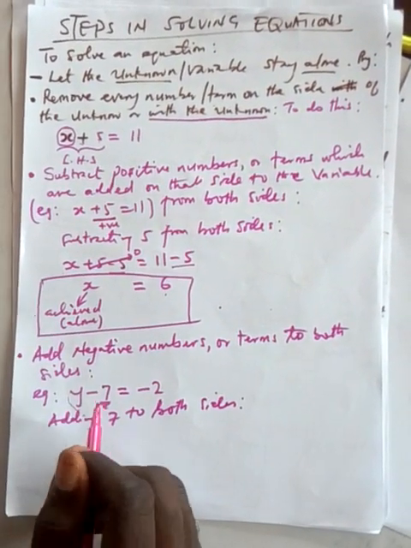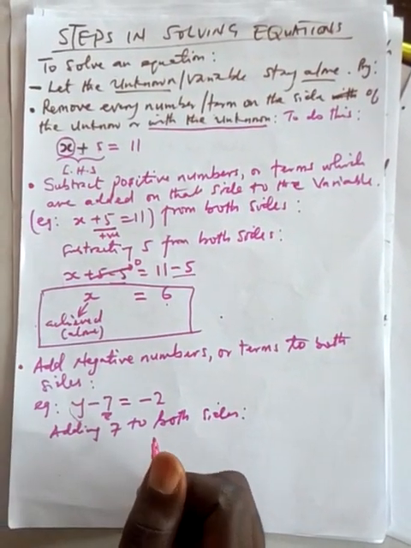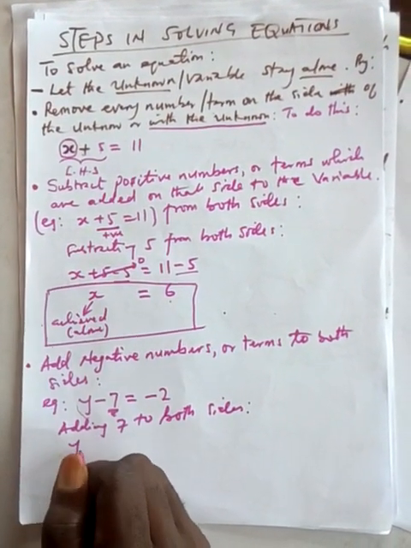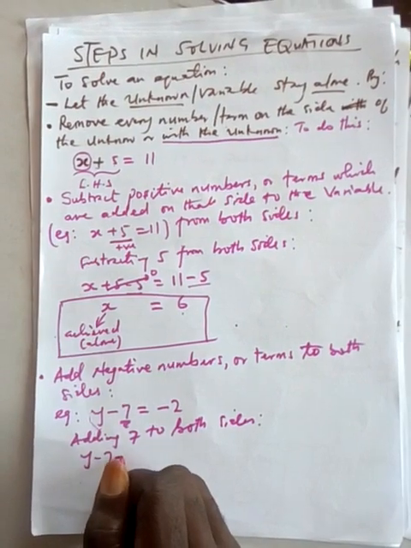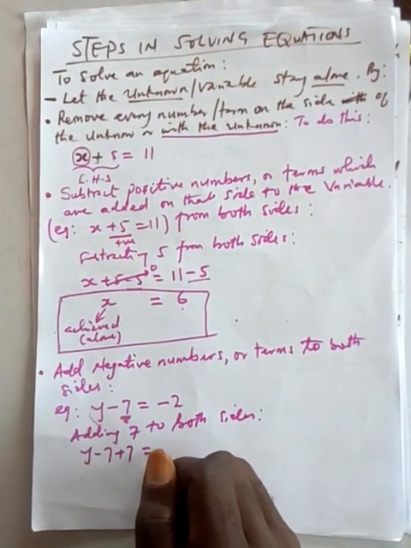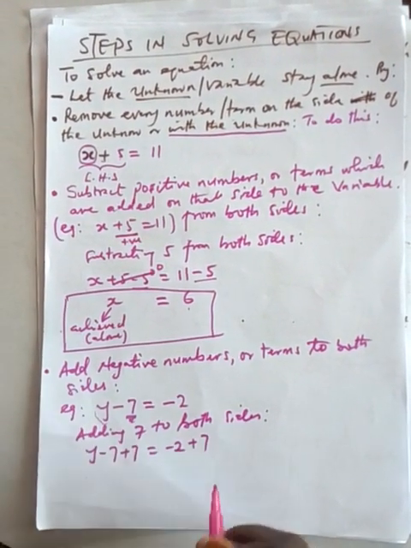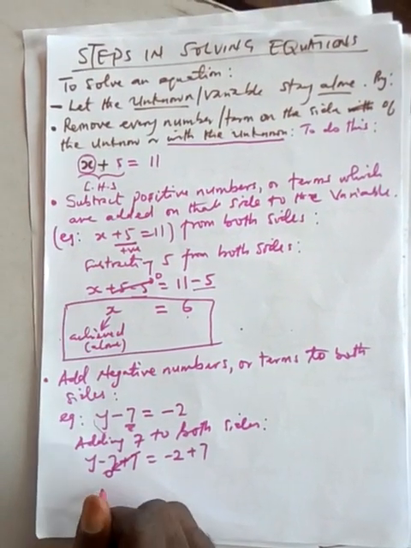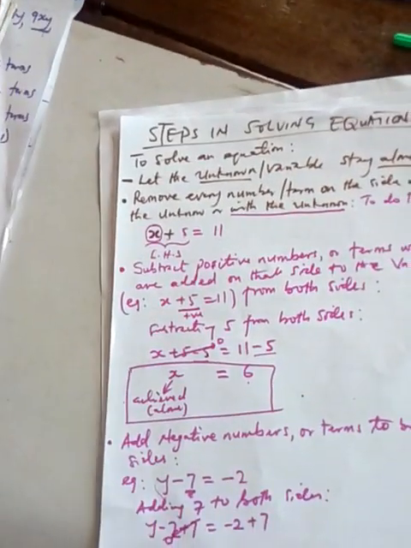So we are adding so as to cancel the effect of that negative sign. So we have y minus 7, we add 7, equals minus 2, we add 7. On this side, 7 cancels minus 7, and y is alone now.